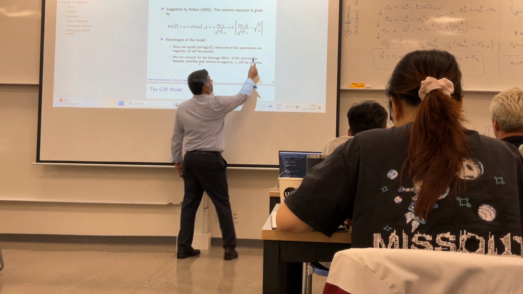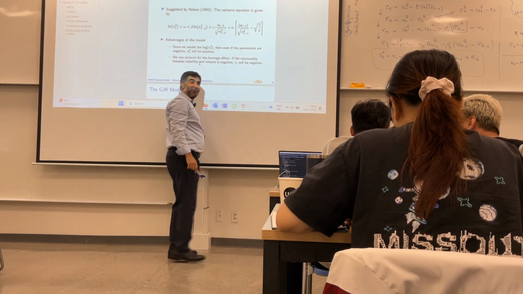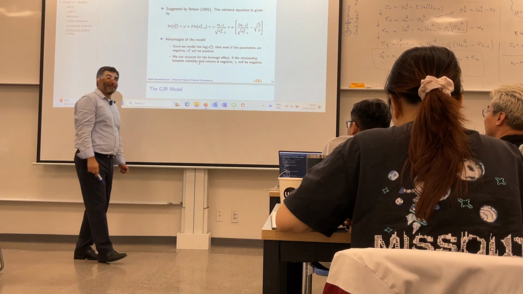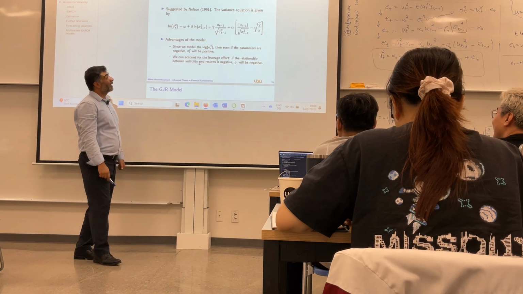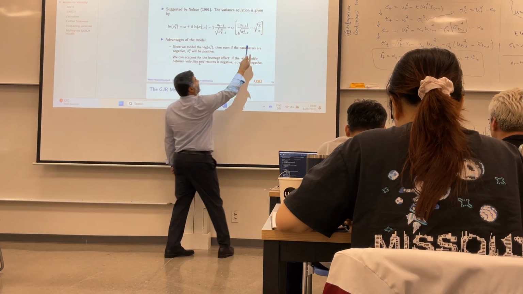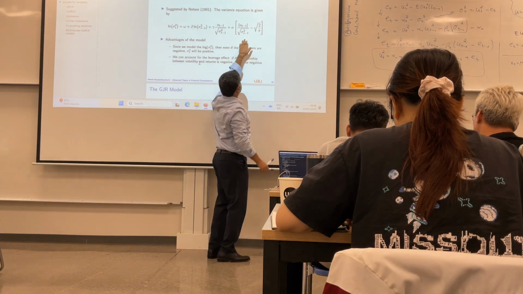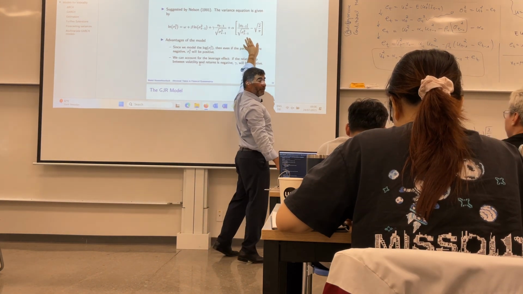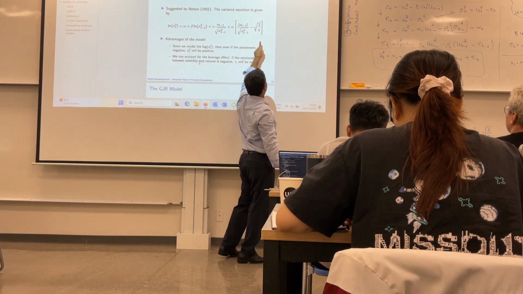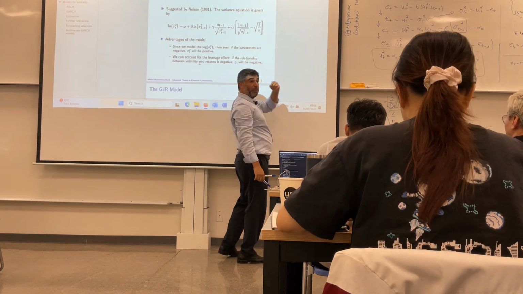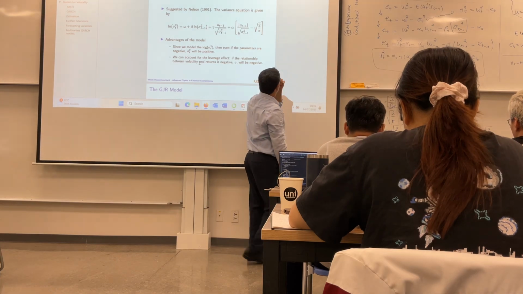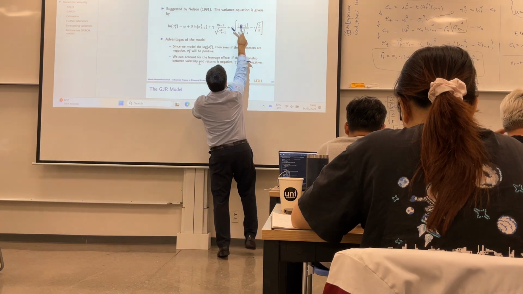Now you see this. This is what he derived. This is the error term in absolute value. We normalize with the square root of the variance, so this is normal with mean zero and variance one.